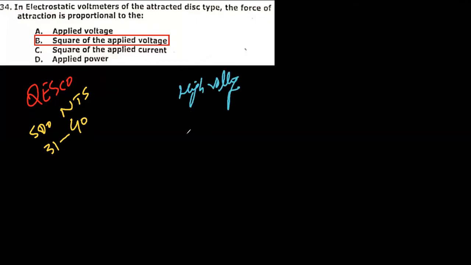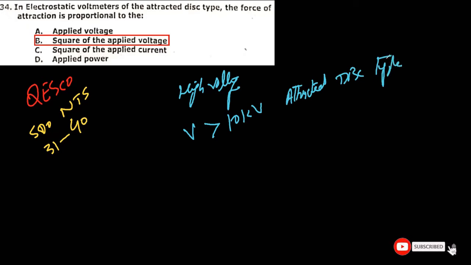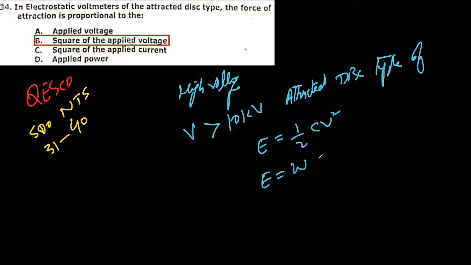And for voltage greater than 10 kilovolt, generally the attracted disk type of electrostatic voltmeter is used. In this type, the energy is equal to 1 by 2 CV square. And as we know that energy is also equal to work done, and that is equal to F dot ds.